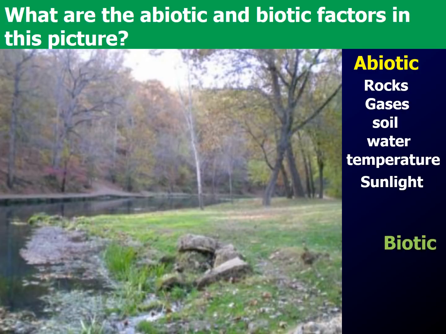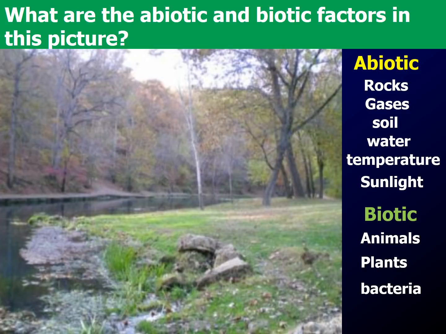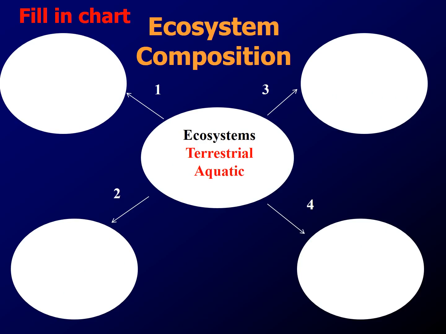There are also a number of biotic factors, to include animals such as fish and insects, plants, including dead leaves, bacteria, and protists, including algae and your protozoa. Fill out the appropriate information in your flowchart.